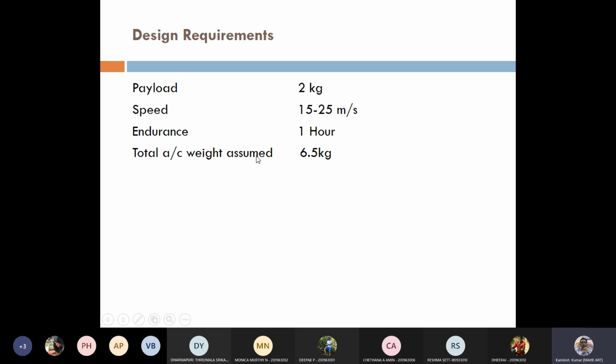Then the total aircraft weight, assumed 6.5 kg including this 2 kg, means structural as well as your electronics, battery, plus your payload. So we are talking about a 6.5 kg or 7 kg type of aircraft.